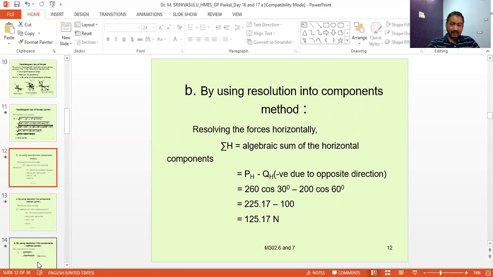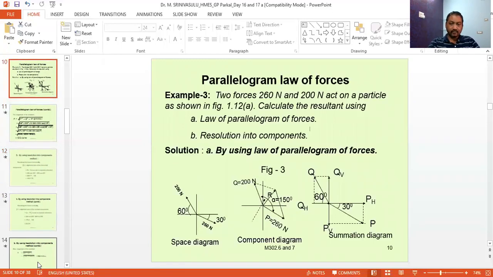Now coming to the force Q, the horizontal component is equal to Q into cos alpha 2.